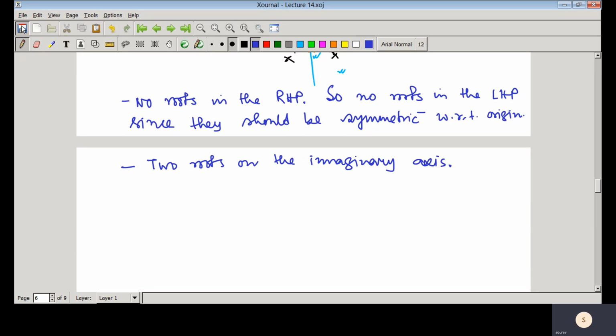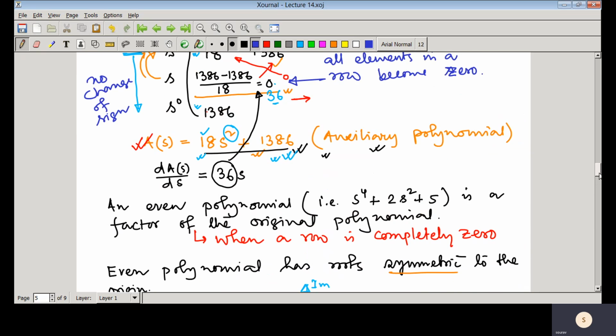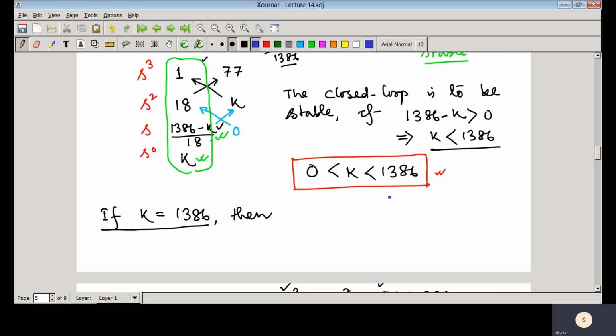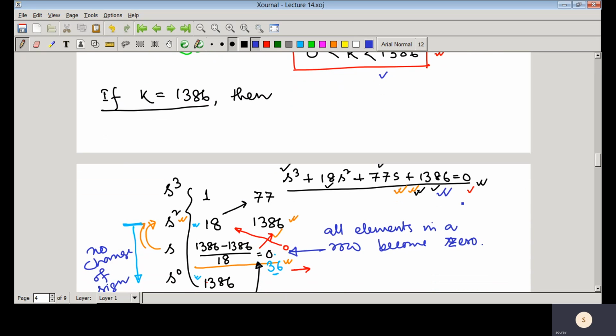So in this particular example, what we have seen is that we took k equal to 1386, and then we are trying to find what would be the roots of this polynomial.